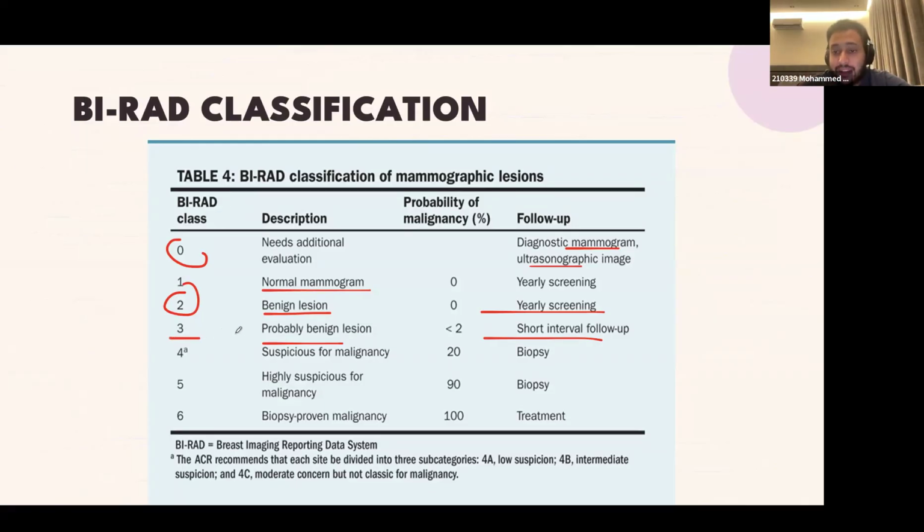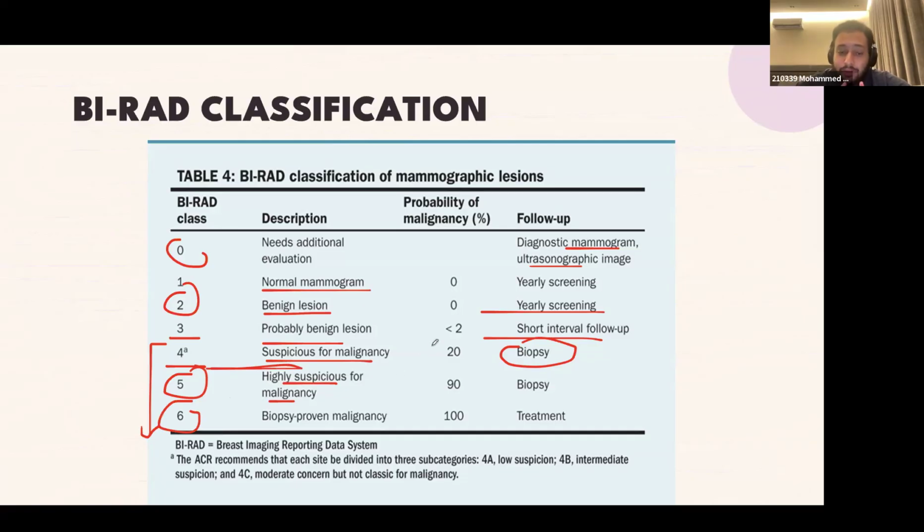So this is BI-RADS 3. The important ones are all of these. BI-RADS 4, if they have a lesion suspicious for malignancy, you want to do a biopsy. If it's highly suspicious, this is BI-RADS 5. And if it's proven by biopsy that it's malignant, then it's 6. The important ones are these two. BI-RADS 4 is suspicious. BI-RADS 5 is highly suspicious.